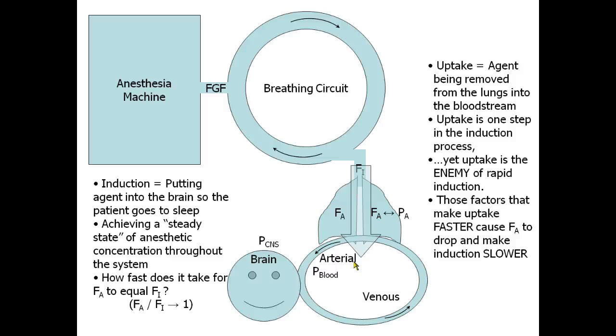When Fa rises rapidly, it means Pa is rising rapidly. It means P blood is rising rapidly. It means PCNS is rising rapidly, and the patient's going to sleep quickly. But when there's fast uptake, Fa doesn't rise rapidly because the uptake keeps going here. This is something we're going to have to think about for a while. I'll try to do some of it in this lecture, and then we'll talk about it in class.